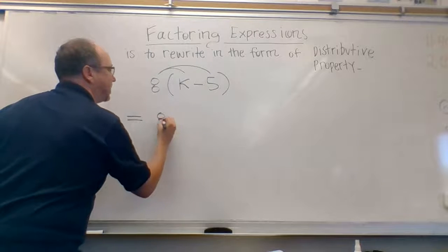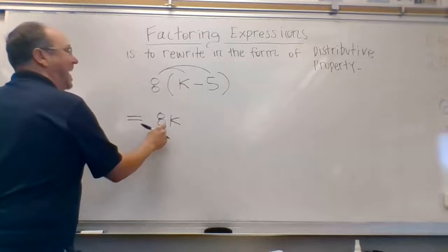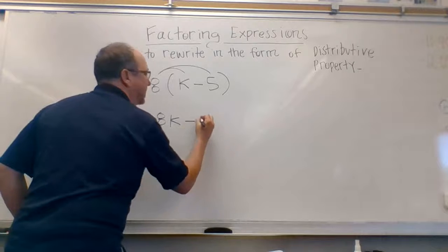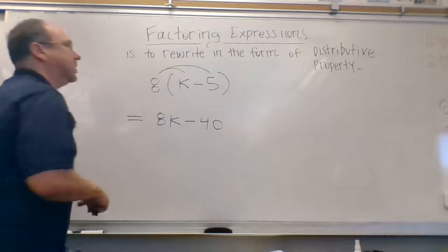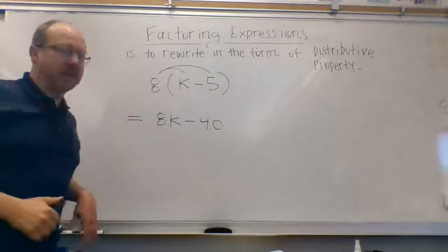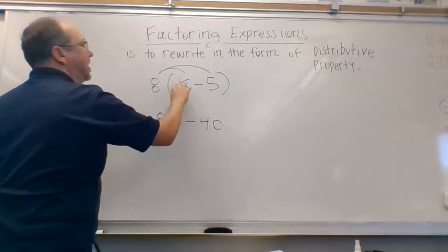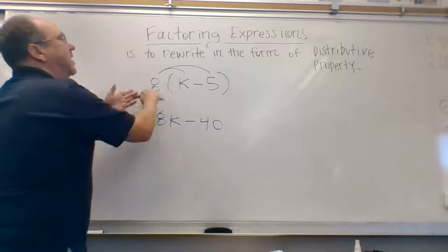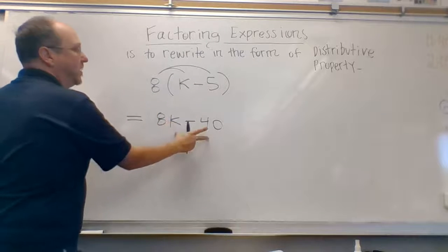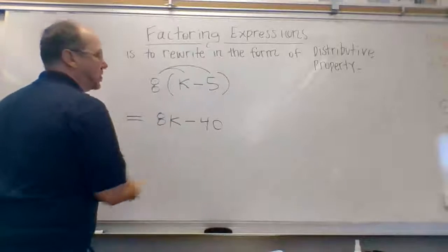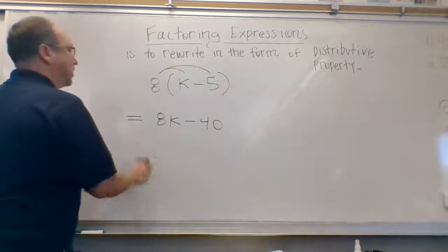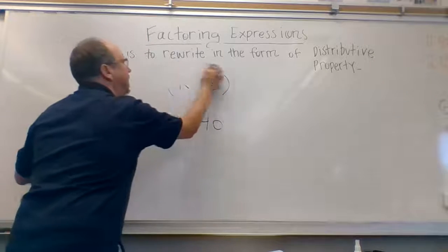So we've got the simplified form of 8k minus 40. Okay? So once this clicks in our brain that we're saying 8 times the expression k minus 5, we move to that solution pretty quickly. Okay.